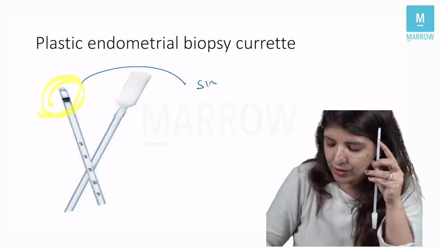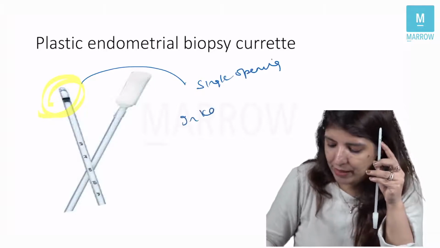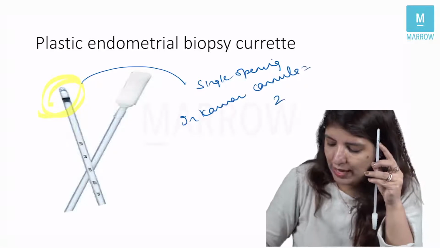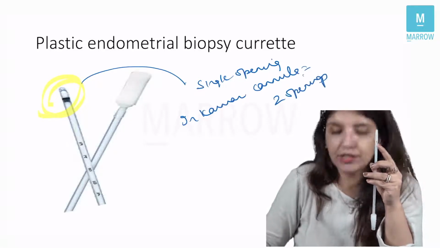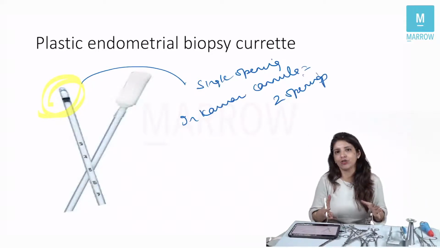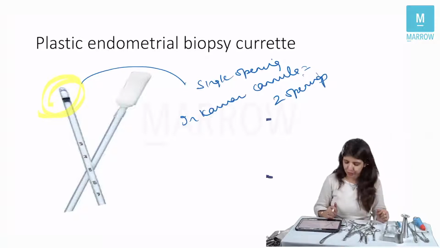Whereas in a plastic Carman's cannula, you will have two openings near the tip. So that's the best way to differentiate between them.